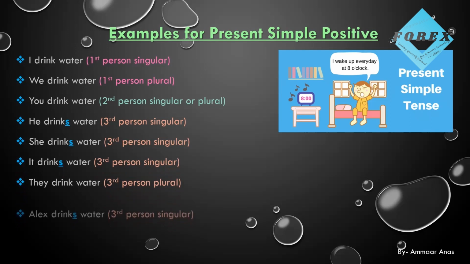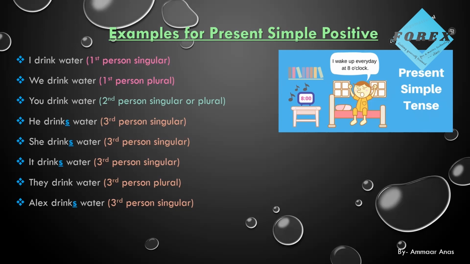And then we have a sentence like Alex drinks water. You may wonder why we added s over here, and which category does Alex belong to? Yes, Alex belongs to the he category because it is the third person singular. We can call Alex, come here, or you can say to a person, he is drinking water.